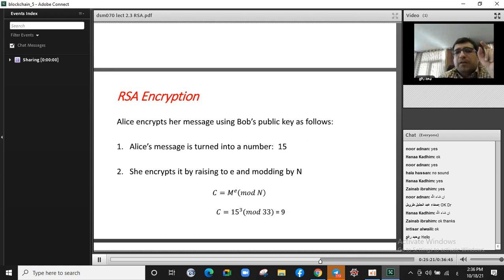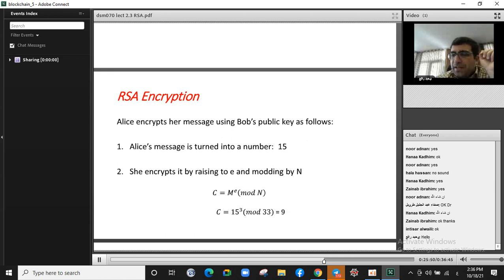And now let's see how we can encrypt one number. Suppose that Alice's message is turned into a number like 15. Now I want to encrypt 15. For encryption, we use this formula. In fact, the cipher text C is equal to M. What is M? M is our message, the number. M in this case is 15.